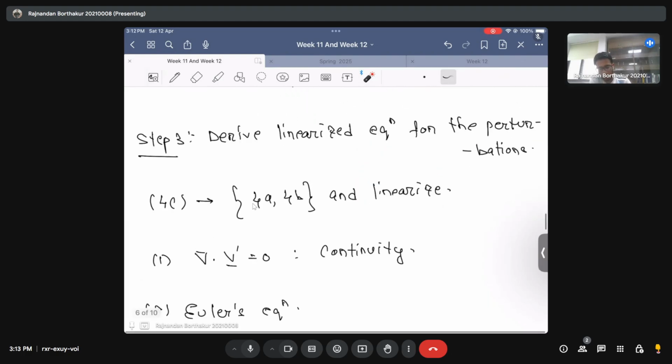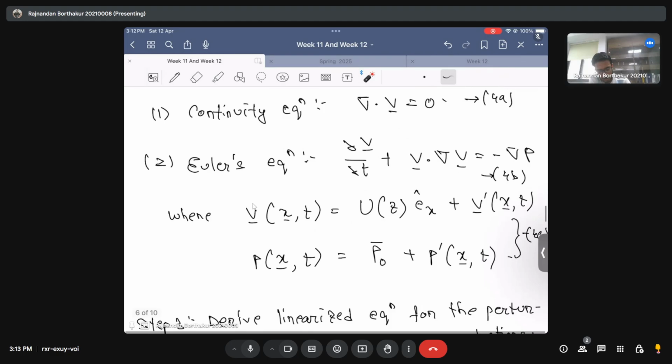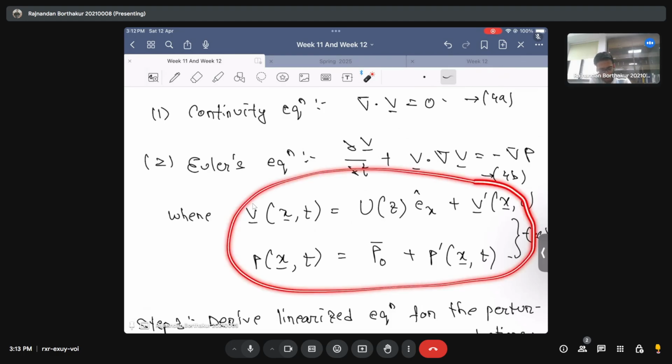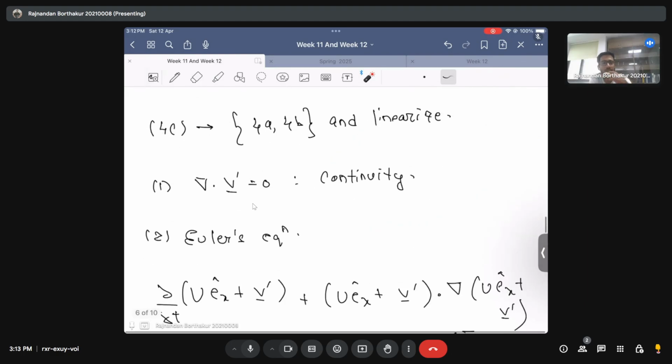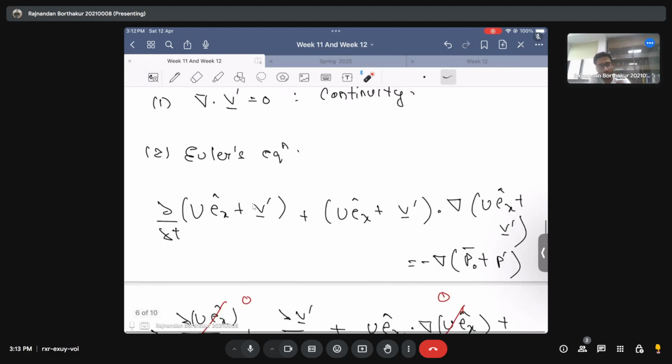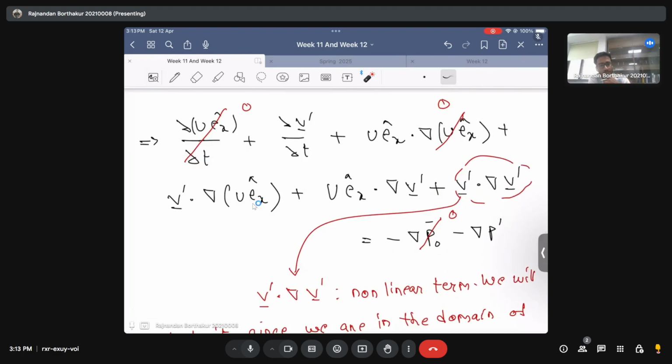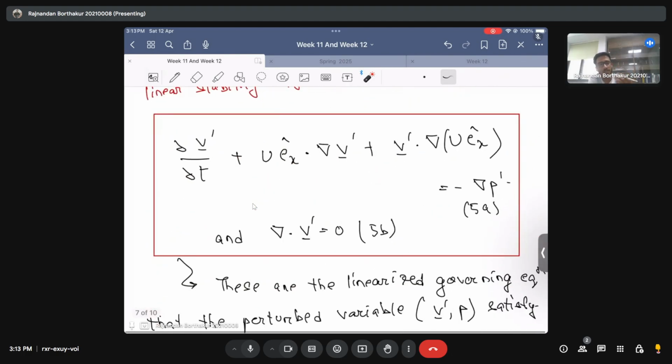Then, this is one of the important aspects of linear stability analysis: we substituted this form of the aggregate variable into the governing equations which they satisfy, and then derived linearized equations for the perturbations. We know that the base flow trivially satisfies the governing equations, which we proved in the last class. Staying in the regime of linear perturbation analysis enabled us to discard the nonlinear terms, and come out with equations which only the perturbed variables satisfy, but those equations are now linear, because we are in the regime of linear stability analysis.